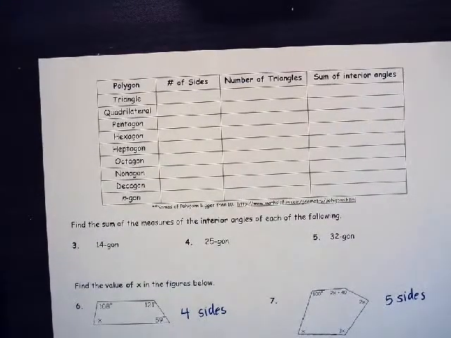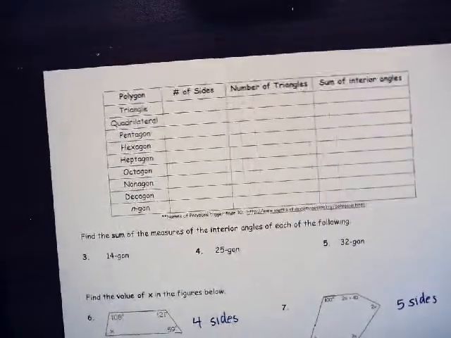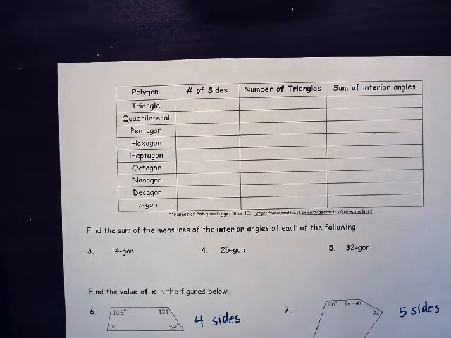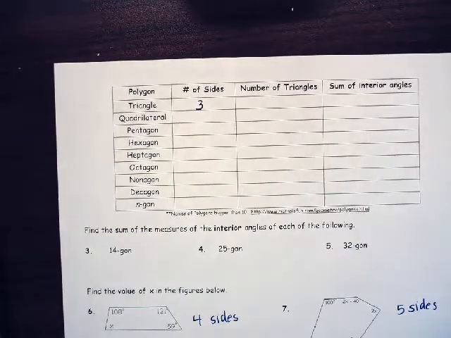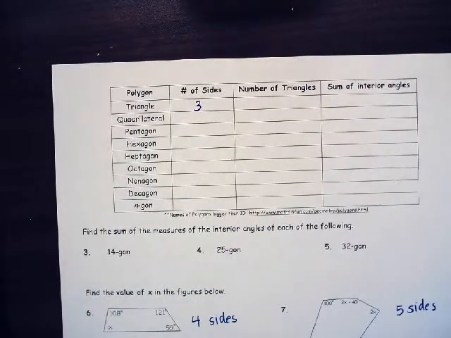Flip your notes to the next page. When I said plenty of practice, I wasn't kidding, right? Alright, let's go through and pick the number of sides that a triangle has. Well, a triangle has 3 sides. We know that.